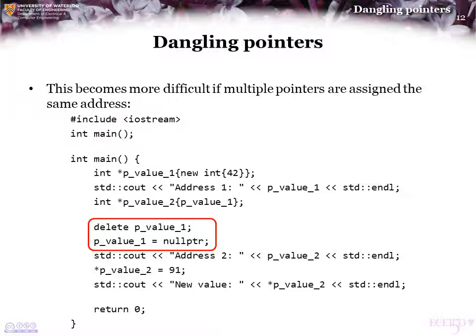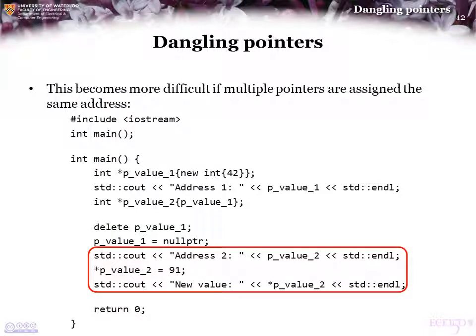Unfortunately, I may have forgotten that p-value 2 also stores that same address. Now, in this small little toy example, of course it's obvious, but consider a much larger program. It may very well be likely that the same address may be spread throughout multiple locations.